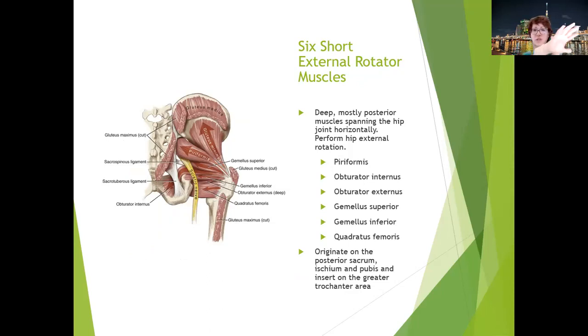So they course medial to lateral, and they perform hip external rotation. So when you look at the lines of pull, when you look at the fiber directions, most of the muscle fiber directions are going this way, and you can see that when the muscle shortens, it's going to pull the greater trochanter posteriorly in that external rotation.